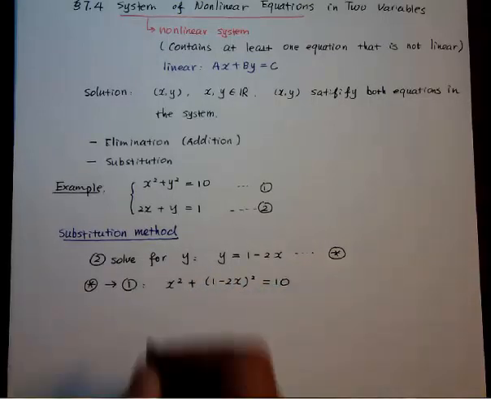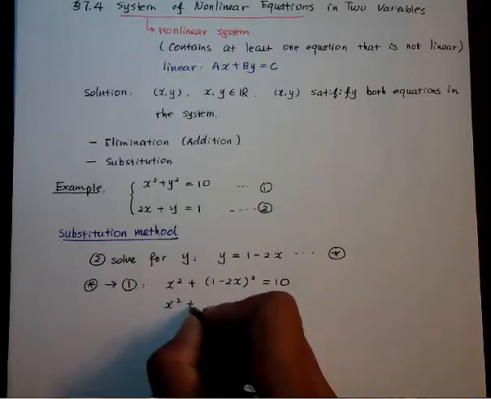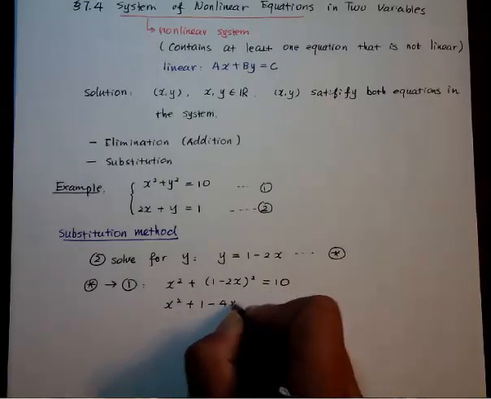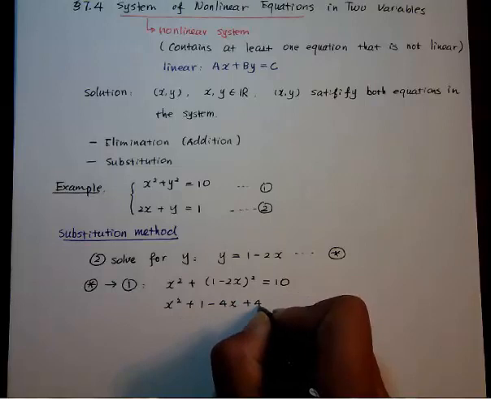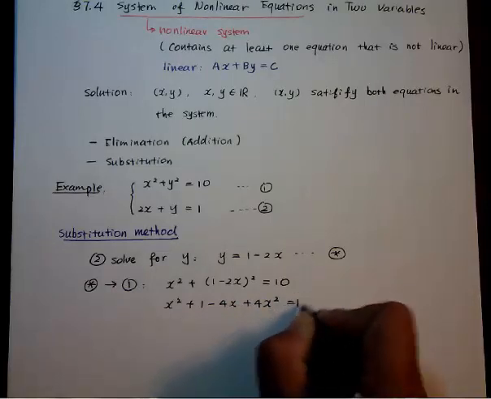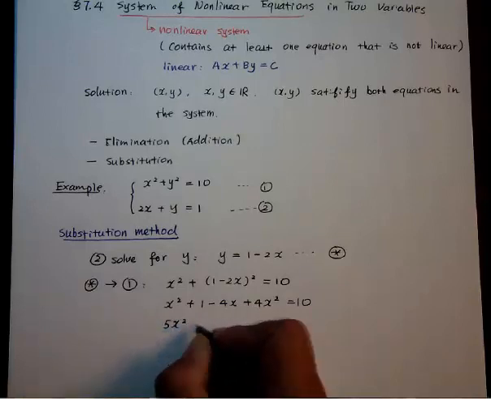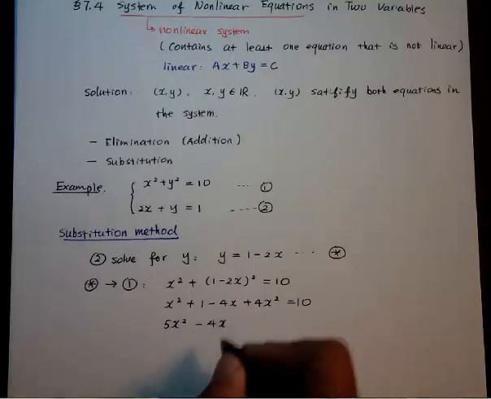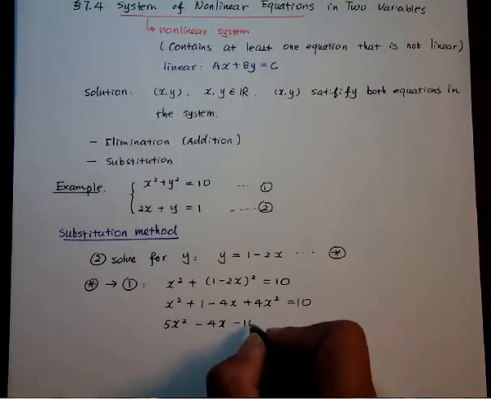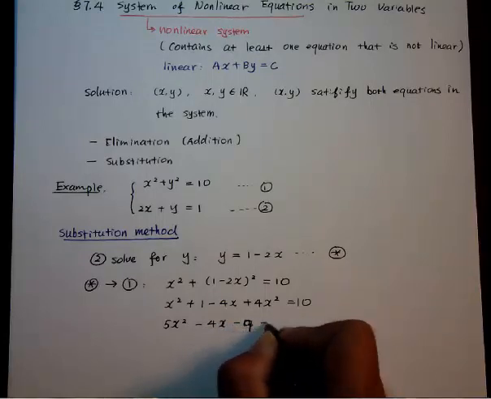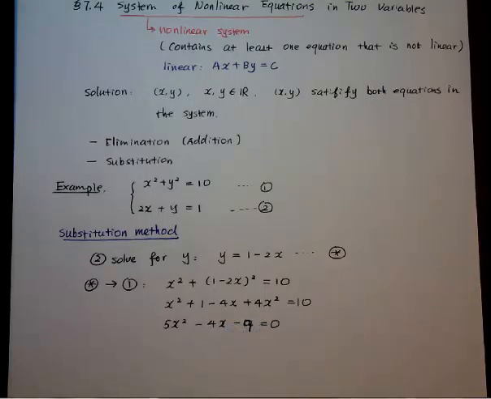Continue to simplify that. Expand this perfect square: 1 minus 4x plus 4x squared equals 10. Combine terms: 5x squared minus 4x, move the 10 to this side, so it will be minus 9 equals 0. Let's factor it.